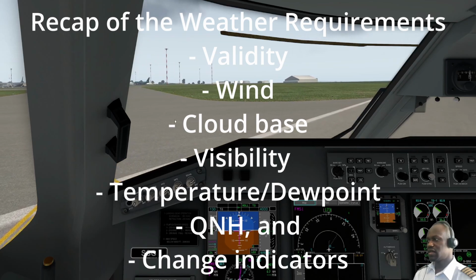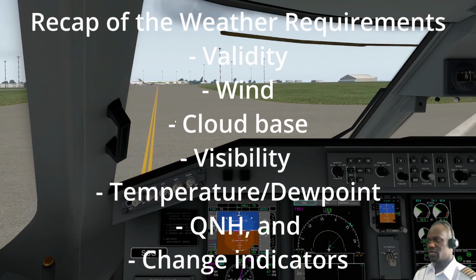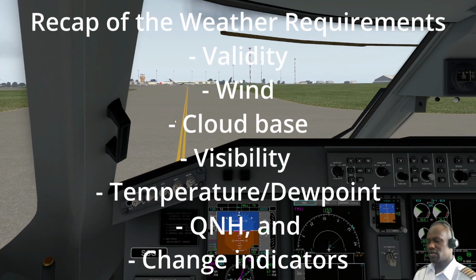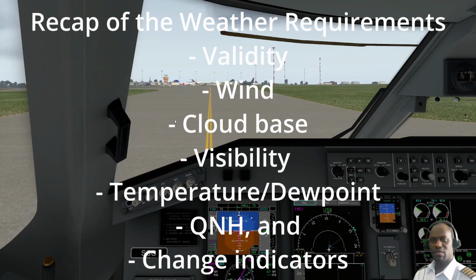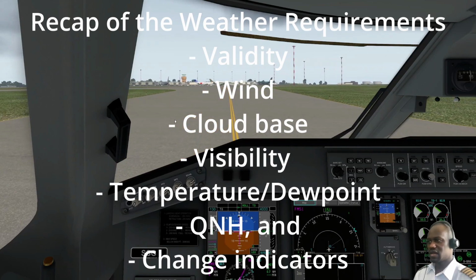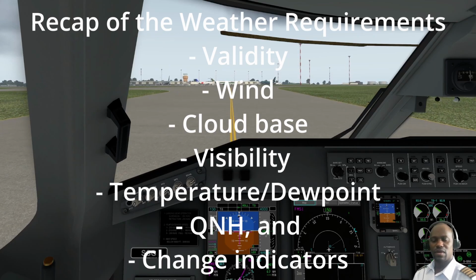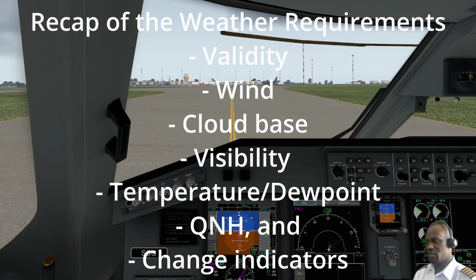So as we taxi in, just remember that weather is also one of the most significant factors while making a decision to depart an airport and also to land into an airport.